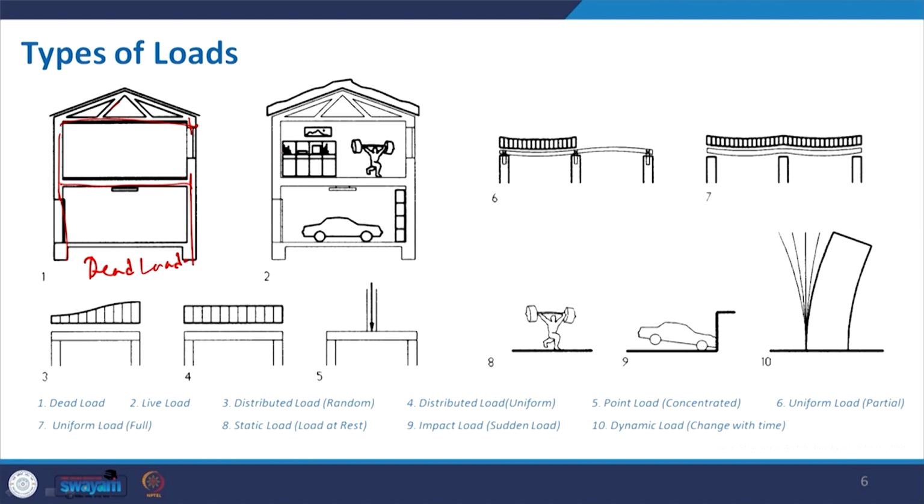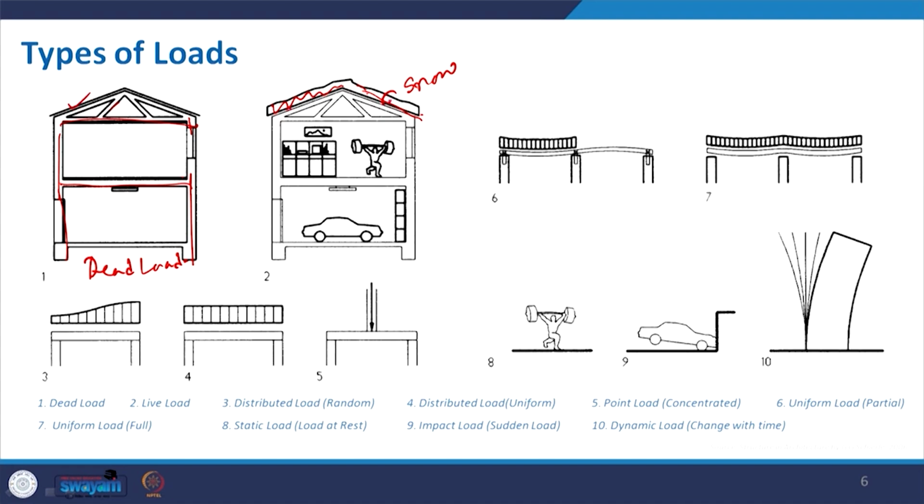Now, move to the other one. It is the same type of building, but if you see, the building outline is very faint, and there are some objects: a person lifting weight, an image, a cupboard, a car parked, a rack, and something here that basically refers to snow. These are actually movable. Suppose with an increase in temperature the snow will melt and go back to the original shape.